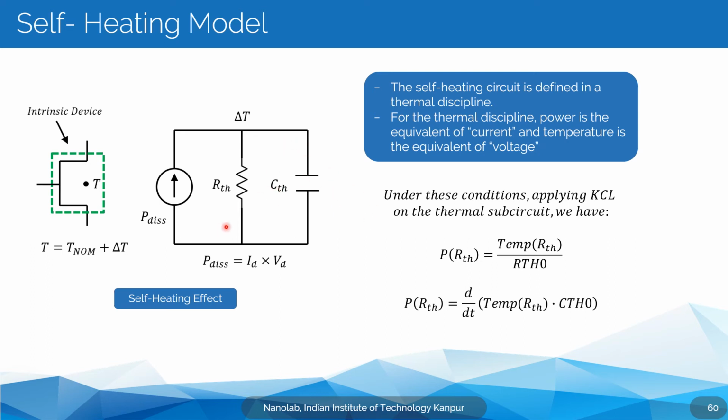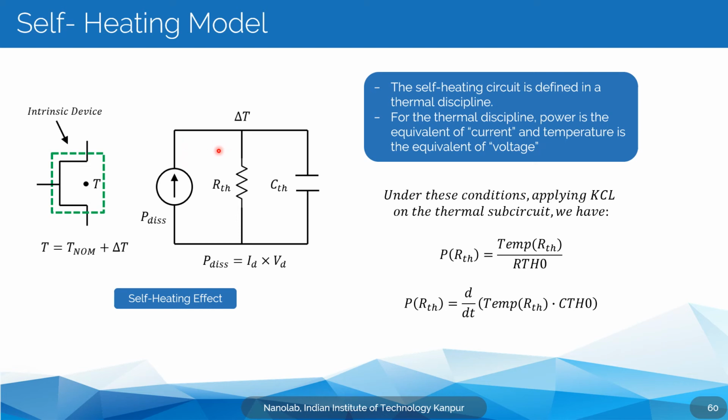As soon as the device dissipates more power, that is, it operates at very high voltages and very high currents, that power from the device is exported inside the Verilog-A code to this circuit. This circuit then runs a current through the system, with the magnitude of that current proportional to the power dissipated in the device.